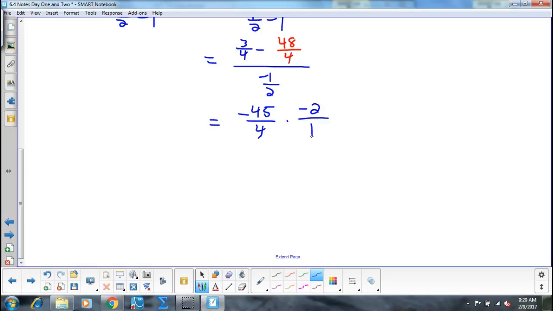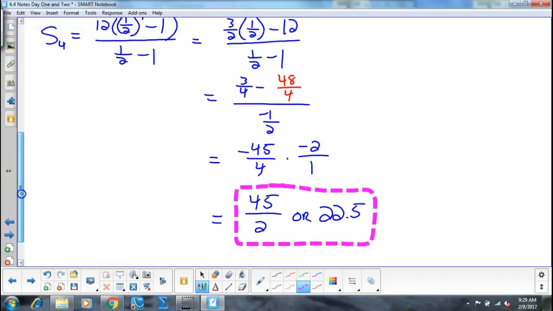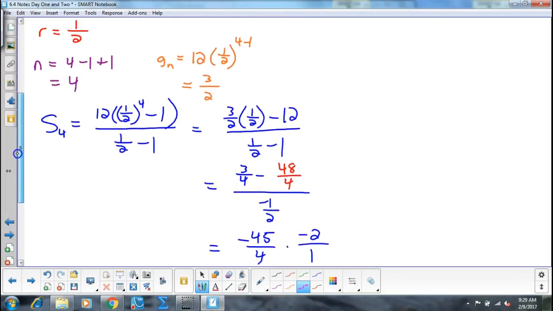So I get positive 45 halves as my sum, or 22.5. Yes? Okay. A little easier to use that one than it is to use the other one.